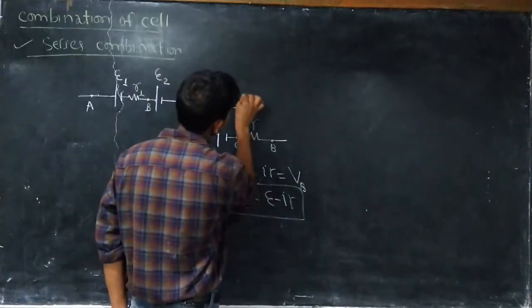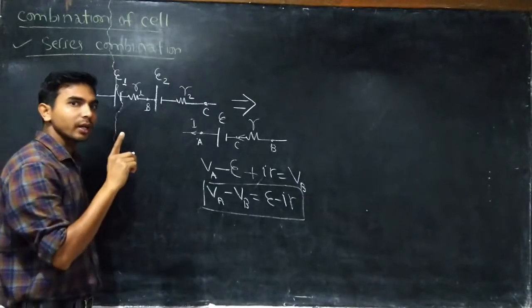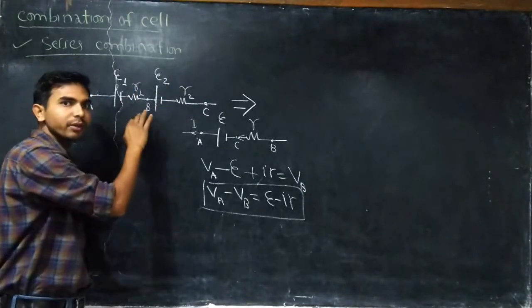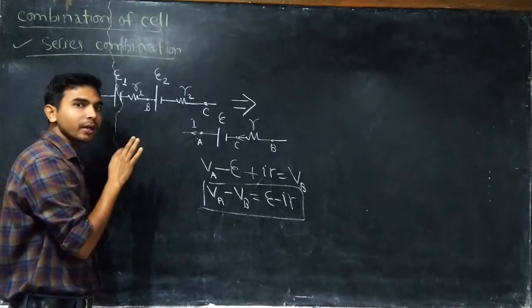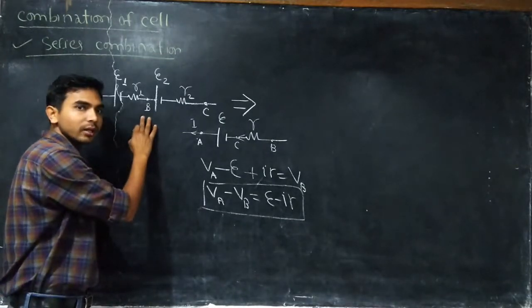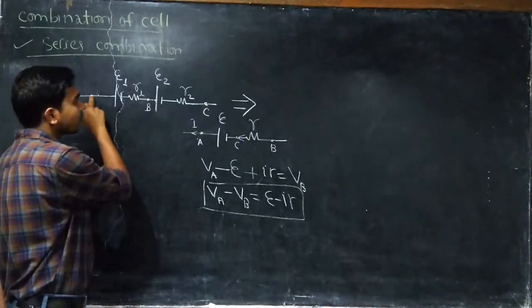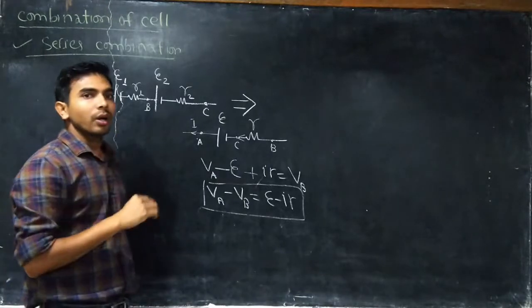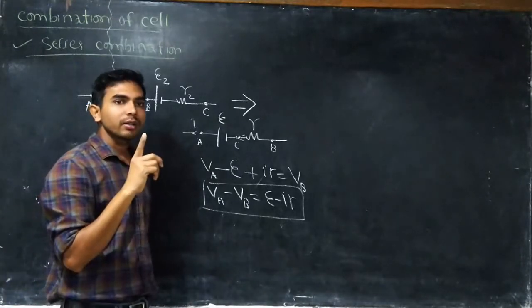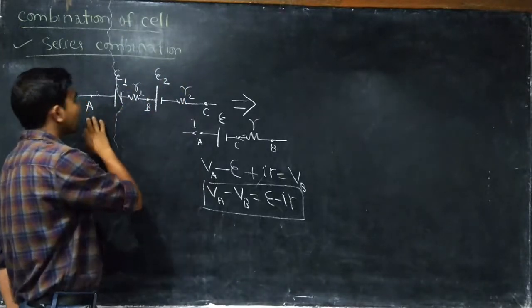Suppose, what does equivalent mean? A single cell. The equivalent of this one means a single cell which creates the same effect as created by this one. What effect is this one creating? This one is creating a potential difference between point A and C. So we are going to find a single cell that will have the same effect as created by this one.